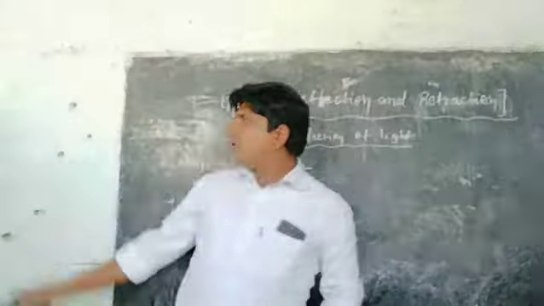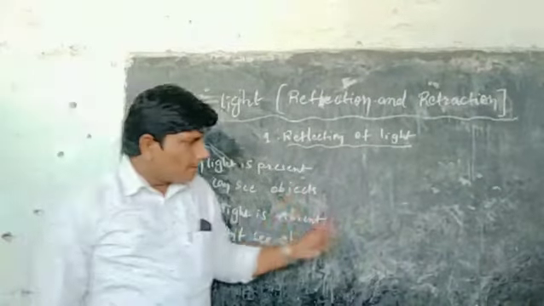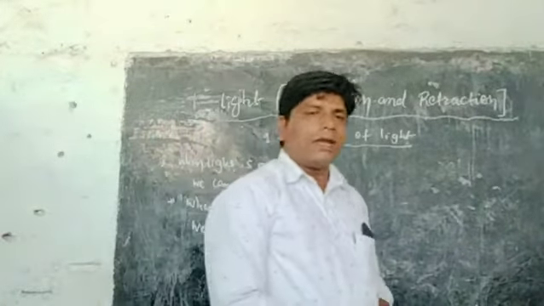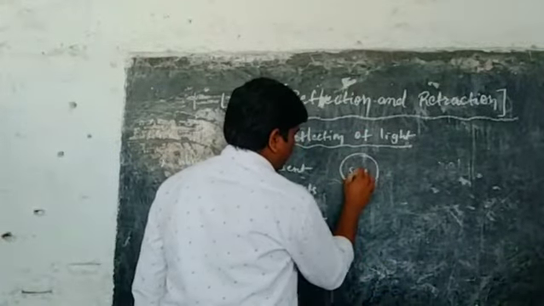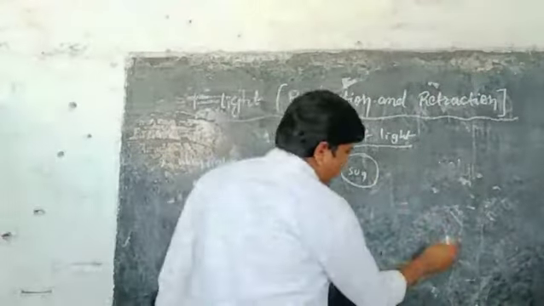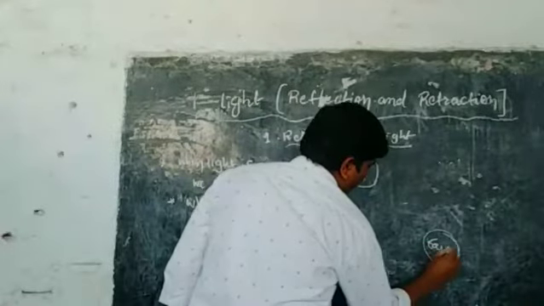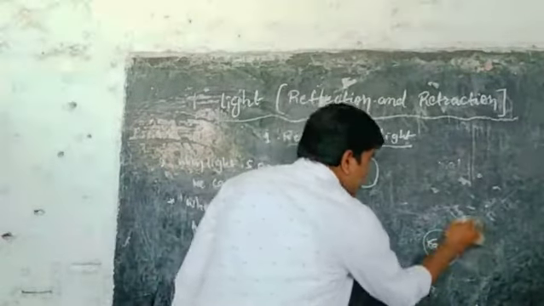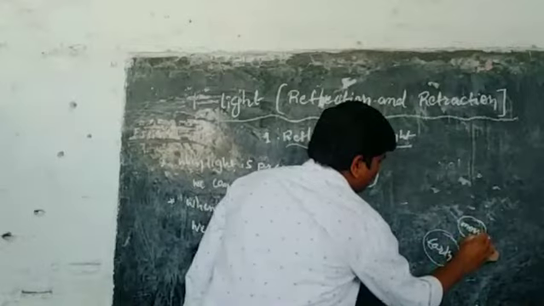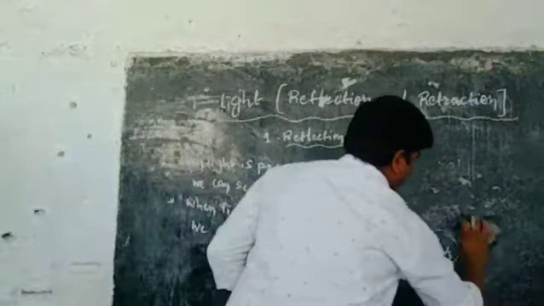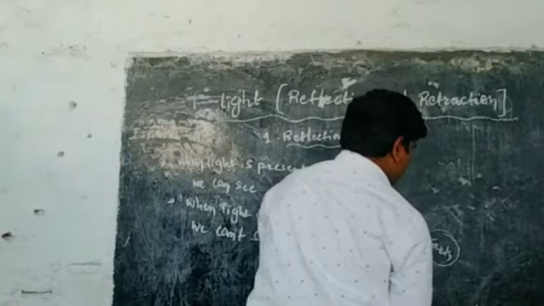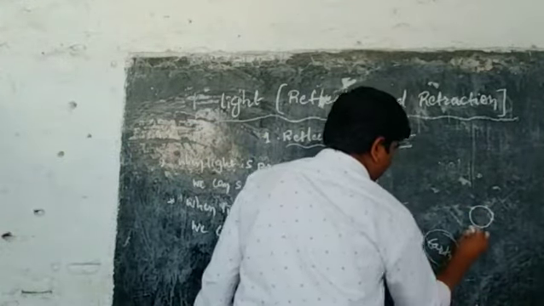After discussing this example, we will write the definitions for luminous and non-luminous objects and examples also. In this example, there is a sun, and around the sun, the earth is revolving, and around the earth, the moon is also revolving. Let's write moon over here.